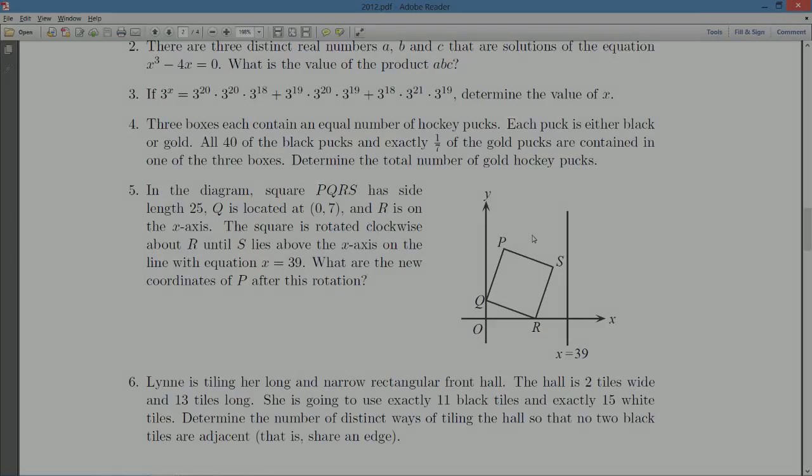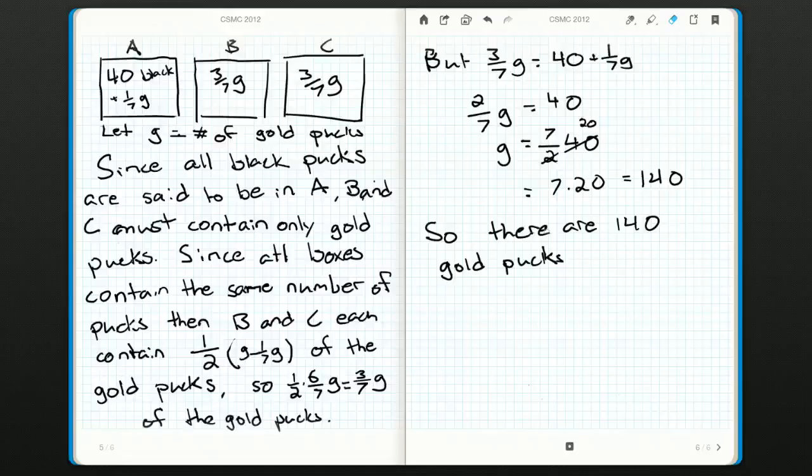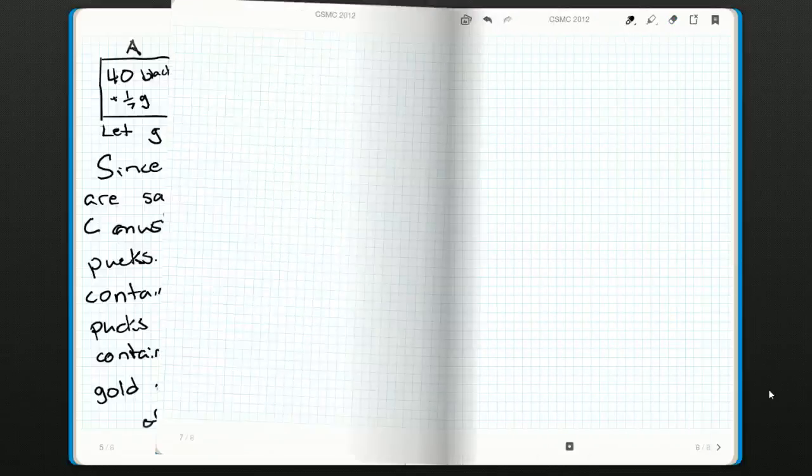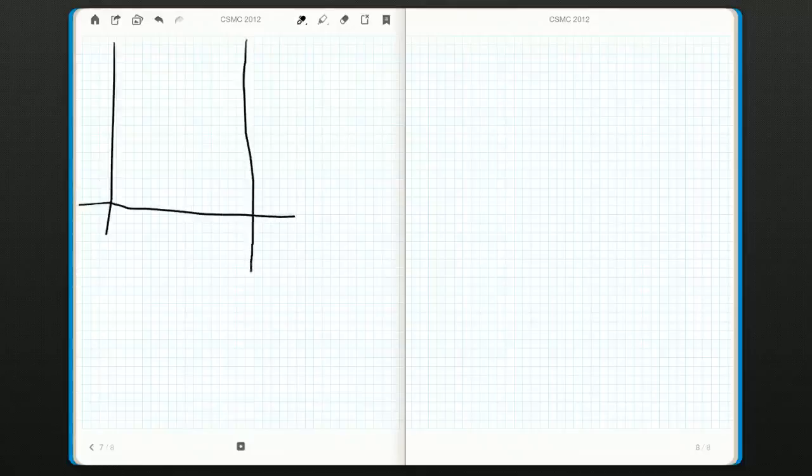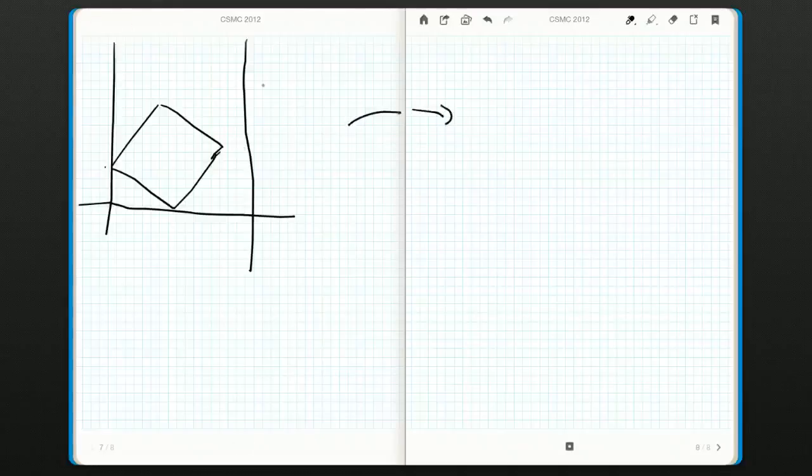Okay. So let's draw our scenario. We'll get ourselves a new piece of paper. That's pretty good. Not great, but it's pretty good. Okay. So that's what it's going to look like. How about we draw what it'll look like when it rotates?